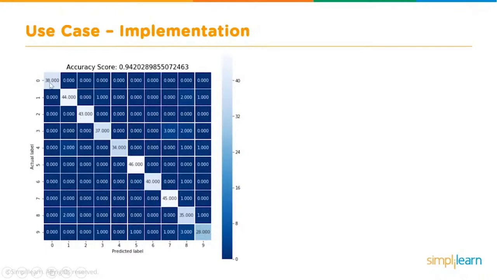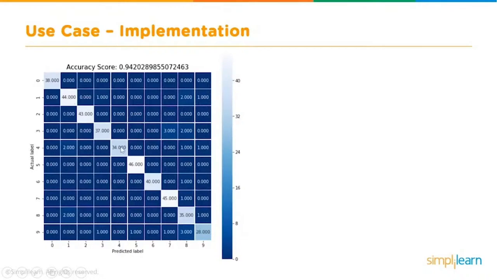What does this mean? This means that the number that has been fed is 0, and the number that has been detected is also 0. So the predicted value and the actual value are the same. So along the diagonals, that is true, which means that let's take this diagonal, right?